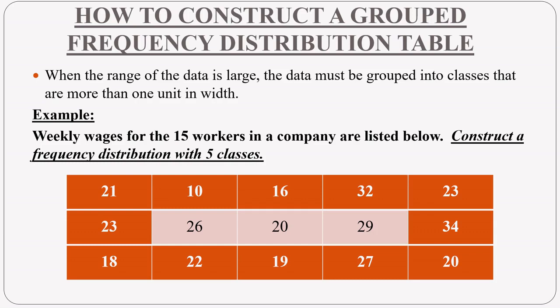We need to construct a frequency distribution with 5 classes. It is given very clearly, 5 classes, and 15 workers. We need to construct the frequency distribution table. So how to do it? Let me show you the steps.